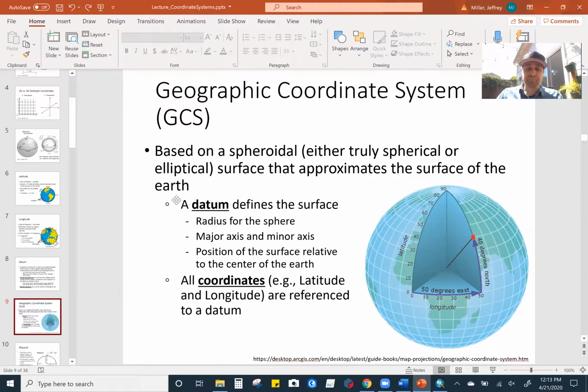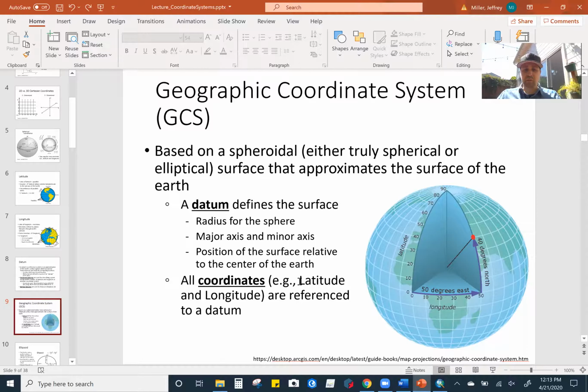And we're kind of repeating ourselves here about our datum defining the surface, okay? It's what everything is referenced to, the datum. And the position of the surface is relative to the center of the Earth, just like I was mentioning here. So the center of the Earth being right there. Imagine this is a radius, and then where does that little radius end up being pointed at? That would be the latitude and longitude in reference to datum.